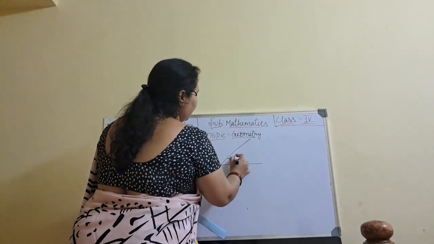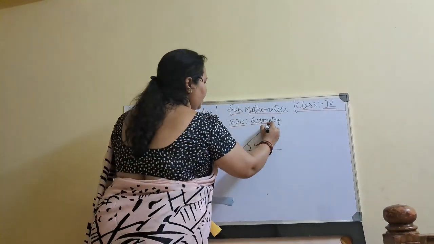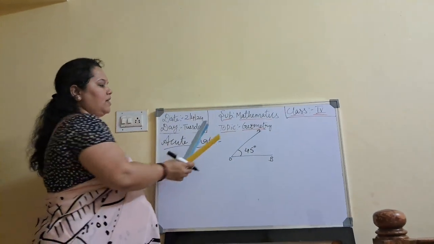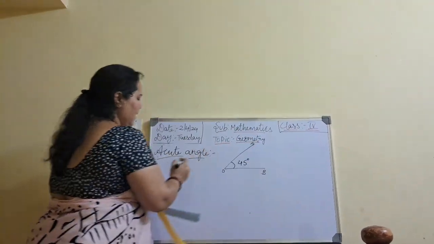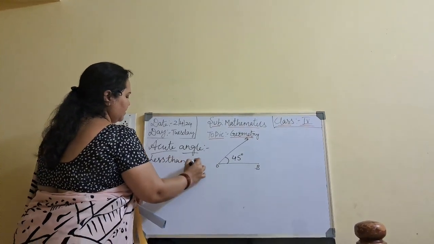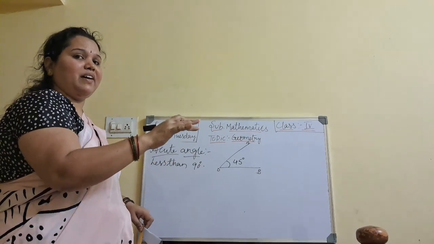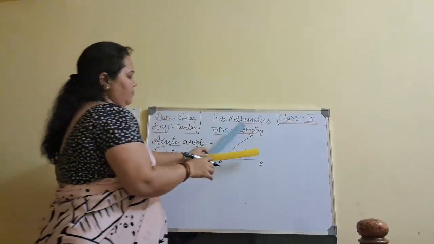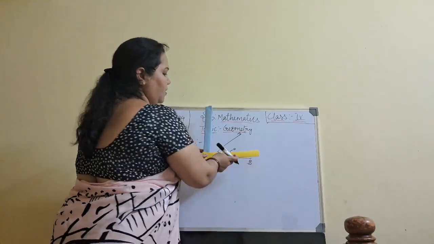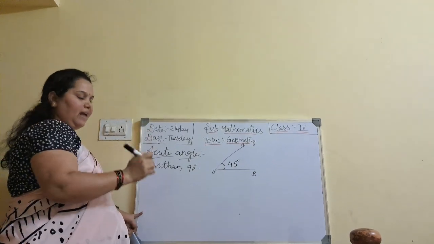Okay, here point A, point O, point B. Always an acute angle is less than 90 degrees. Okay, 45, 55, 65, 80, you can keep like this. Like this you can measure by using your protractors, and then you can write what type of angle it is.